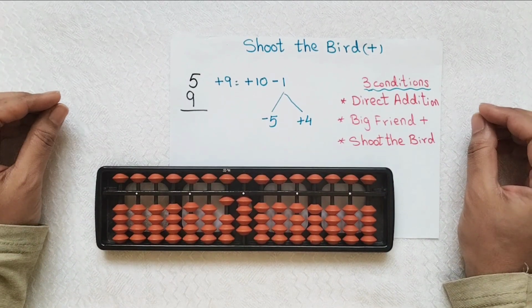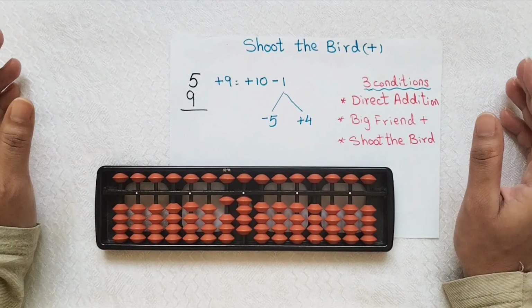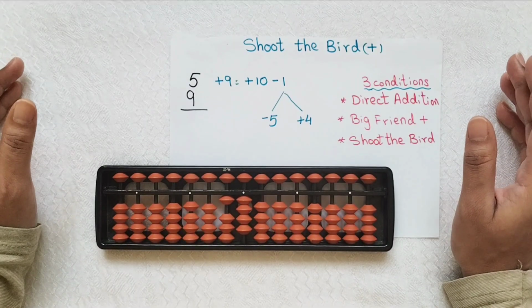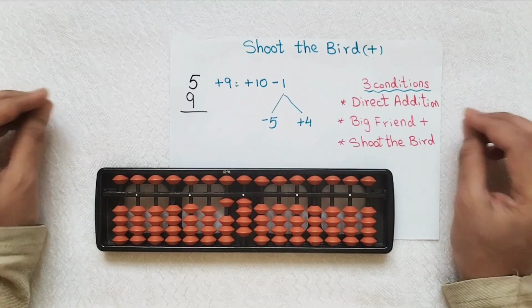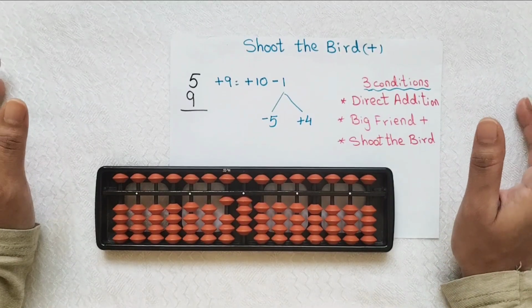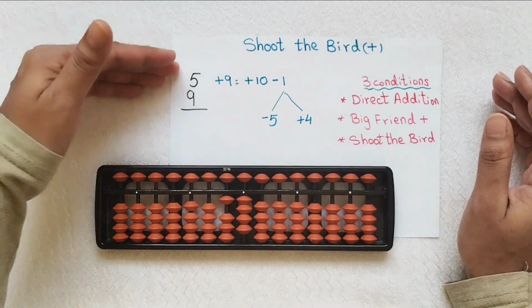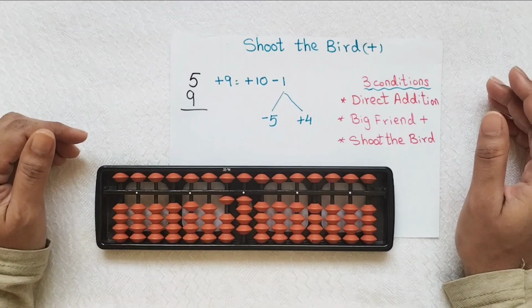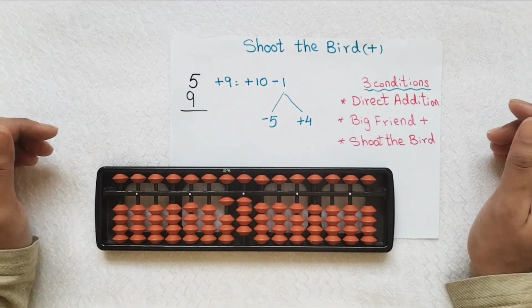Now this can be very confusing, especially for beginners. That's exactly why we are learning the shoot the bird concept. In today's lesson, I will explain why, when and how to use this technique step by step. Now let us solve this question with the help of shoot the bird.